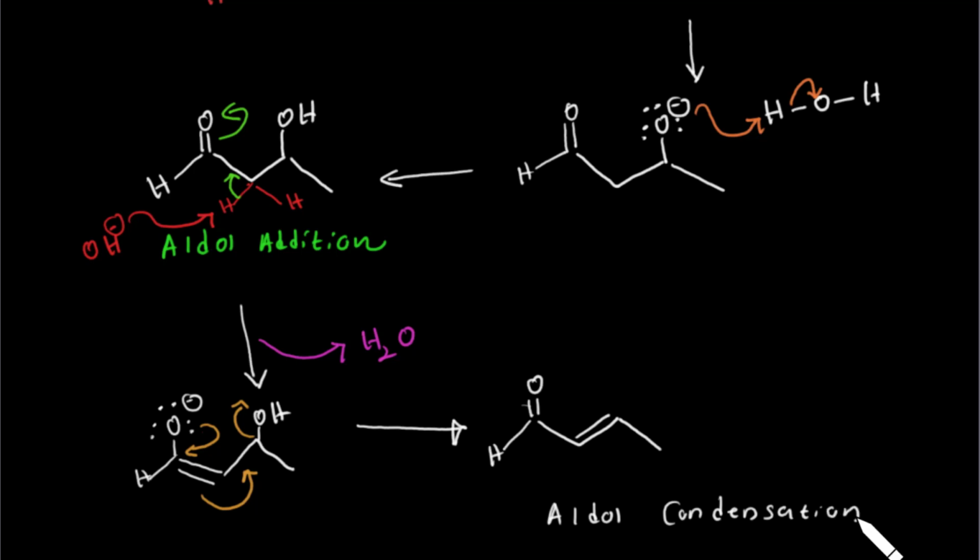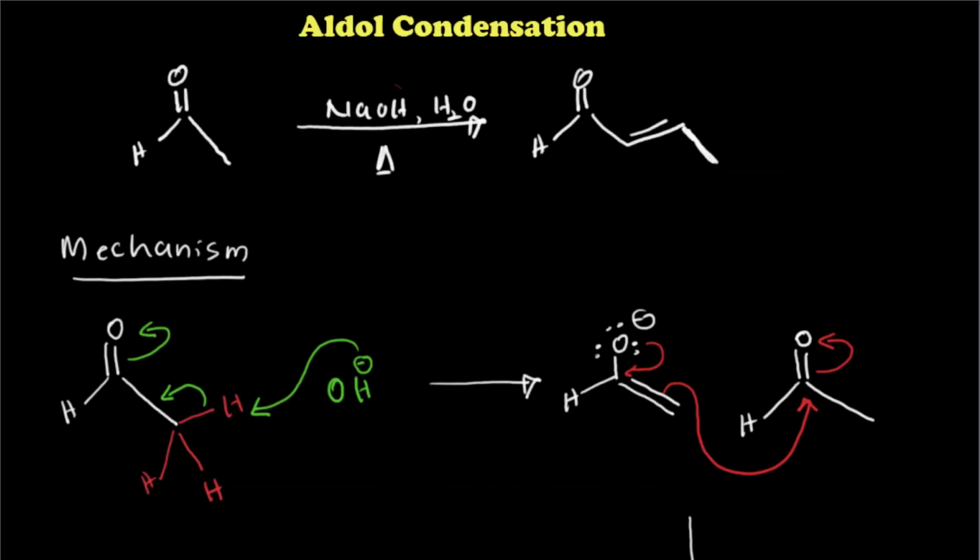So this is the actual aldol condensation, a very simple mechanism. It starts with the base, and then when we start to heat, we get this aldol condensation product. It's very simple, no complication, so you can understand it very clearly.